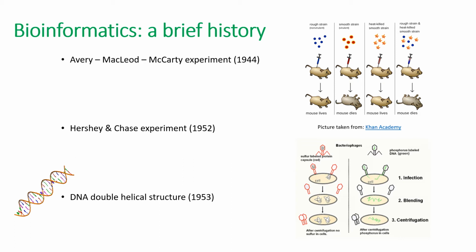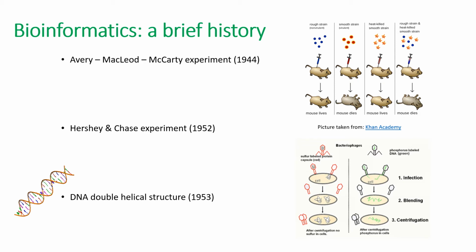The DNA was phosphorus labeled and the protein coat was sulfur labeled. They infected the bacteria and found that it was the DNA that was the genetic material, not the proteins, because proteins were left out, and it was the DNA that went into the bacterial cell, multiplied, and ruptured the bacteria.